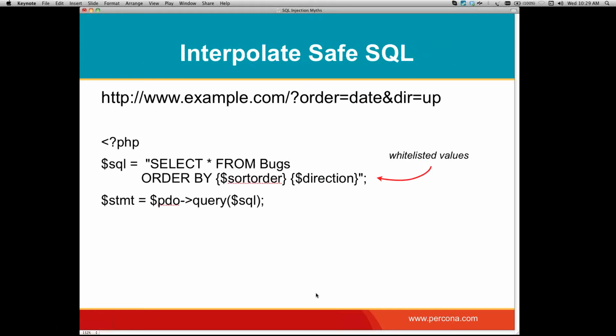Therefore, we have whitelisted values. We have values that can be interpolated safely into our order by clause because we know that we have them hard-coded in our application. We've already decided on them, and any illicit values that the user tries to provide will simply not look up one of those values that we've already predefined.